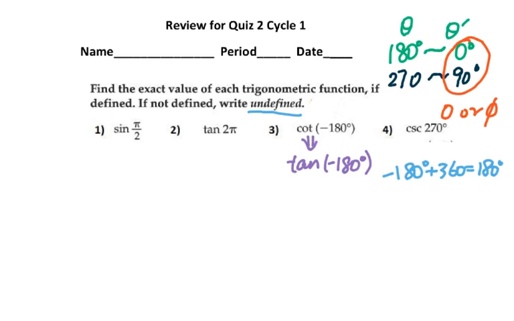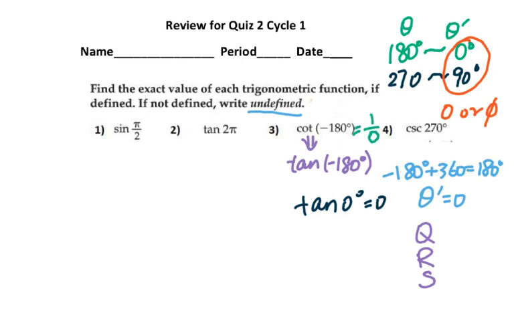Then, since the reference angle will be 0, and we know that tangent 0 degrees equals 0, we don't have to go through QRS, because positive or negative 0 both equal 0. Therefore, cotangent negative 180 equals 1 over 0, which means undefined.